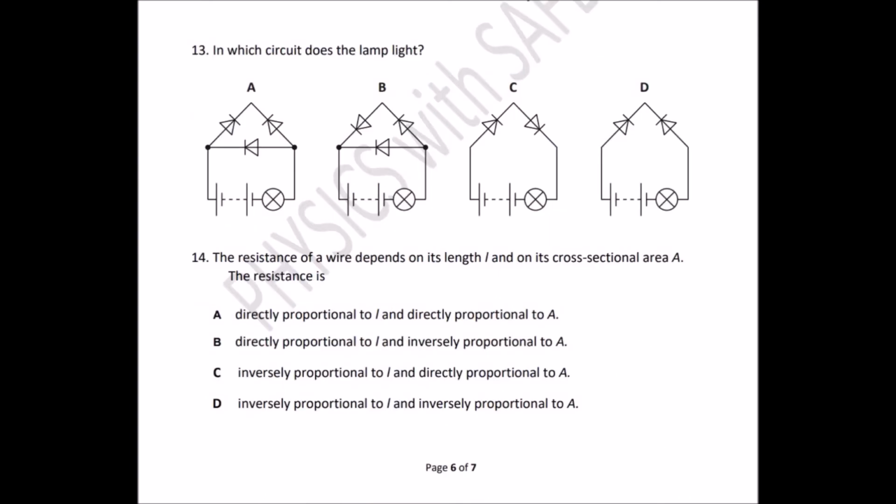Question number 13. In which circuit does the lamp light? And you have 4 circuit diagrams. In the circuit diagram, you can see one symbol like this. This is called a diode. Second, you see this symbol. This is used for a lamp. And third, you can see like this. This is a power supply or a battery.